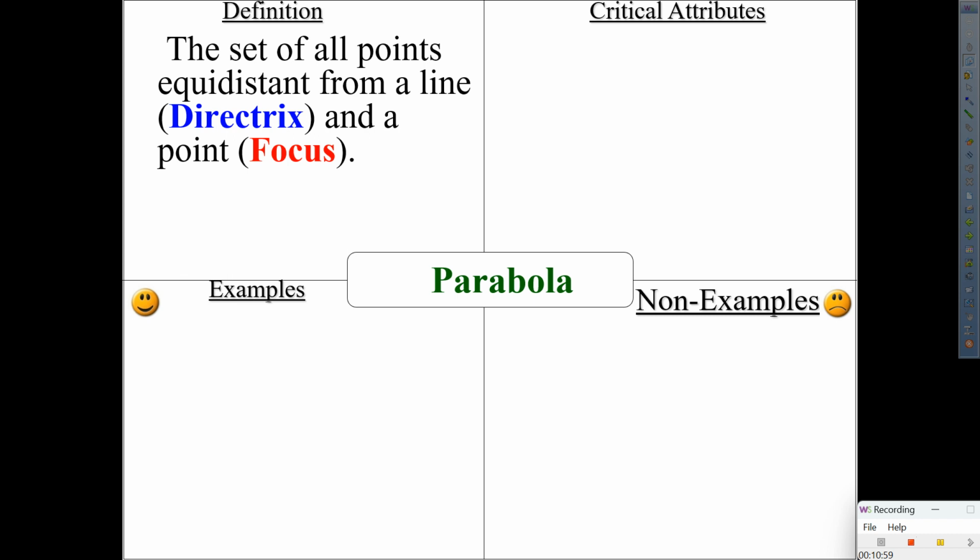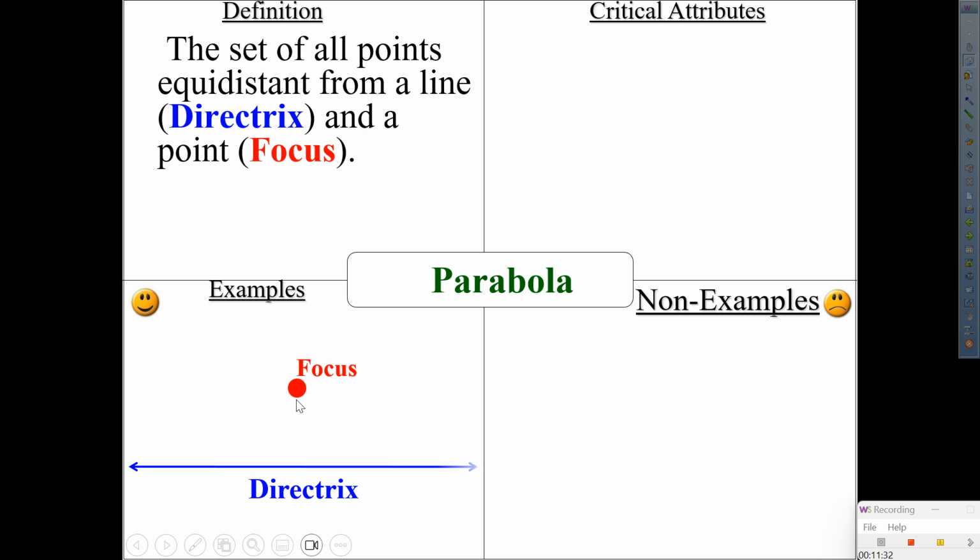So, writing utensils down, look up to the screen. I'm going to put some animation on this so you can see it. Y'all ready? So, a parabola. This is how it's formed. You start with a focus, and then that focus has to be away from the directrix. Look up.